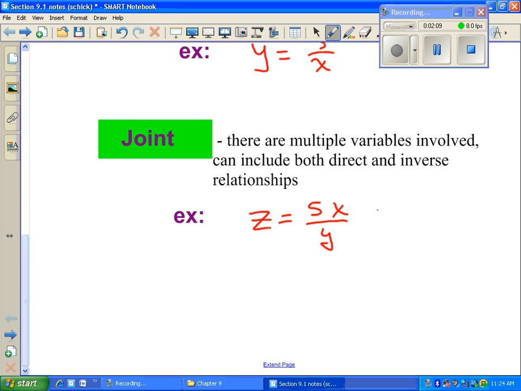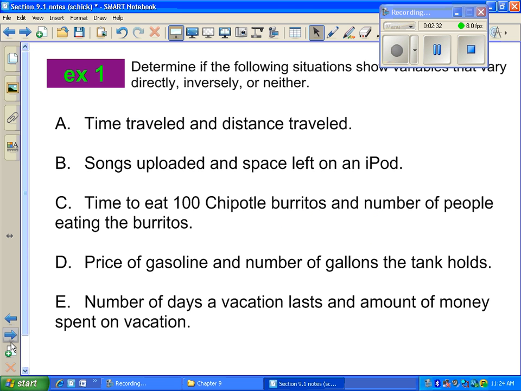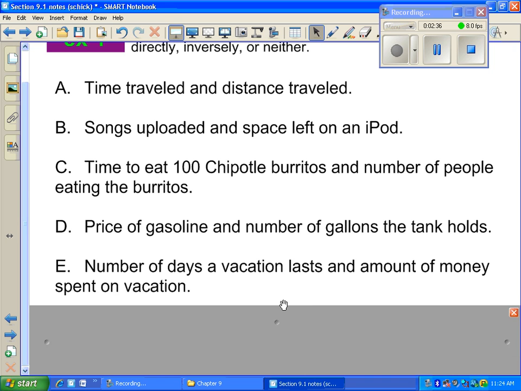Or I can have a separate equation like z is equal to 2x over y, where it varies directly as one and inversely as the other, or z equals 2xy, where it varies directly with both of the other two variables. That's what joint is. It's just putting other types of equations together. Okay, well, hold on. Let's go ahead and hide this.